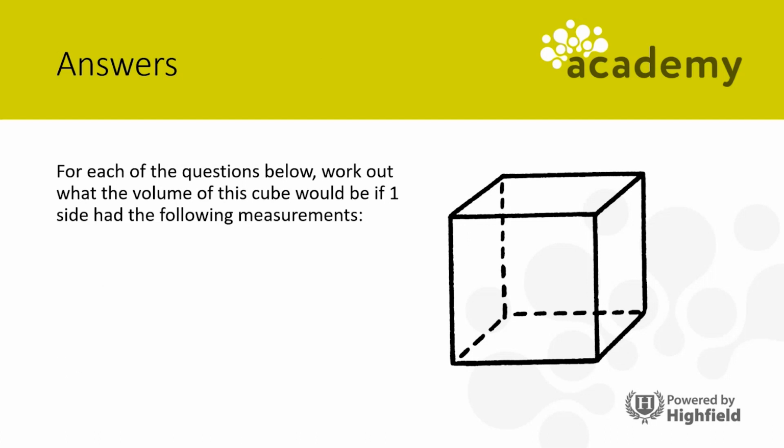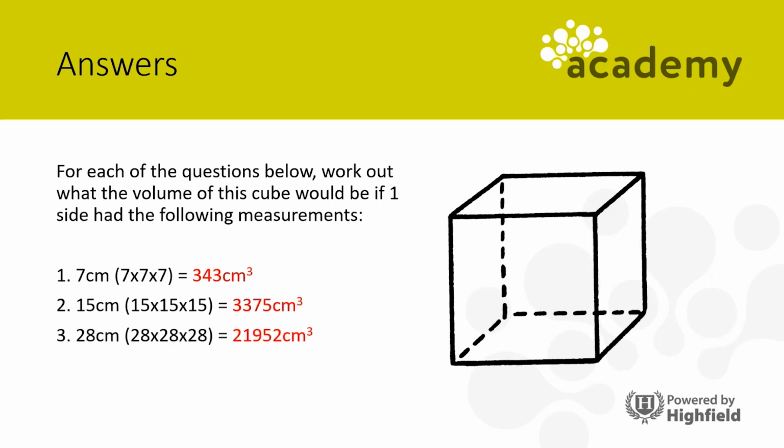Well, let's see how you did. Number 1, 7 centimeters. Well, that is 7 times 7 times 7, which is 343 centimeters cubed. Number 2, 15 times 15 times 15 is 3,375 centimeters cubed.